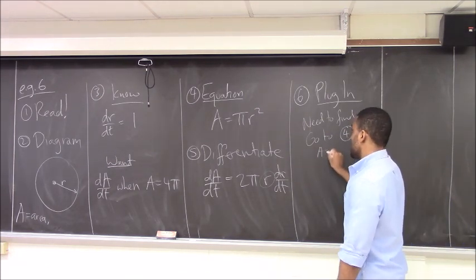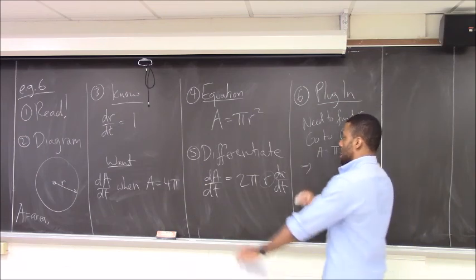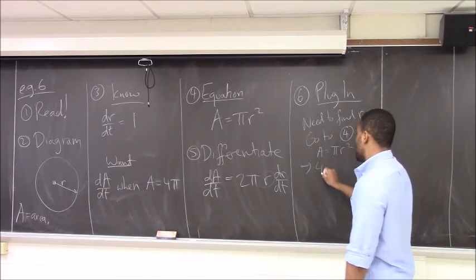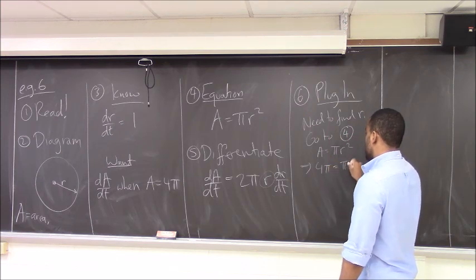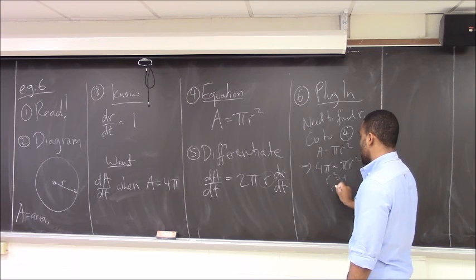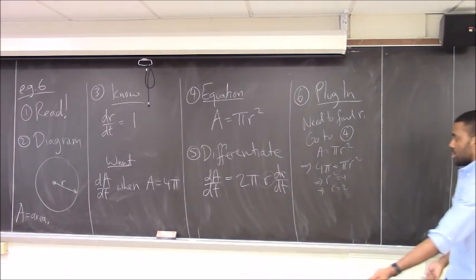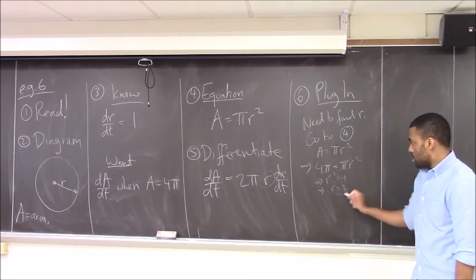We know that A is equal to pi r squared. I know my A value is 4 pi. So 4 pi is equal to pi r squared. Divide both sides by pi, you get r squared is equal to 4, so r is actually 2. It's not plus or minus because r is a length, so it's going to be a positive 2.